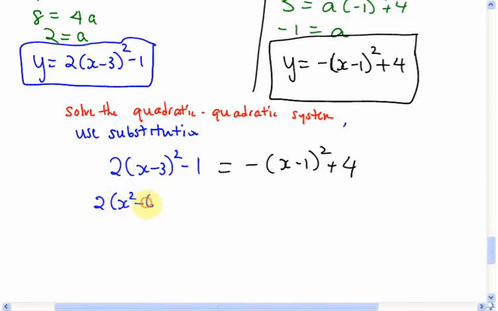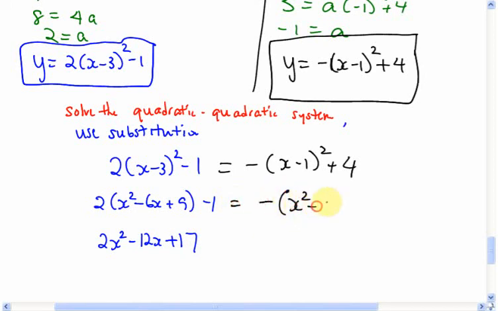X squared minus 6x plus 9. 2x squared minus 12x plus 17. This side, I'm going to expand this out and be careful with that negative in front. That's going to be many of your downfalls.